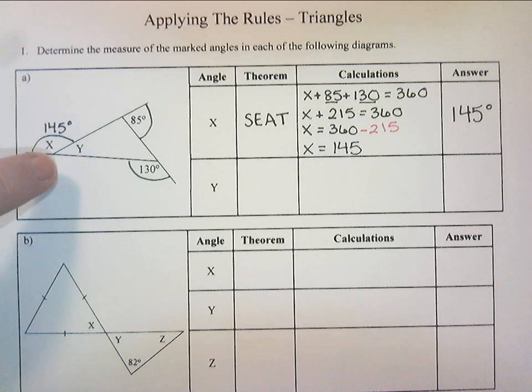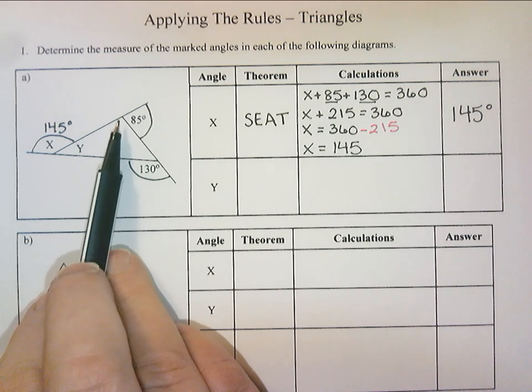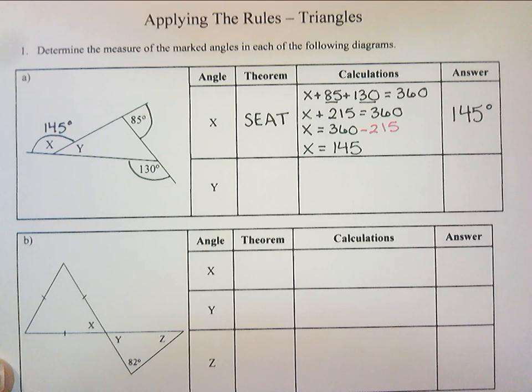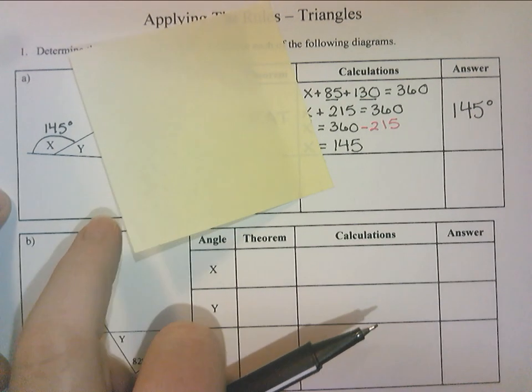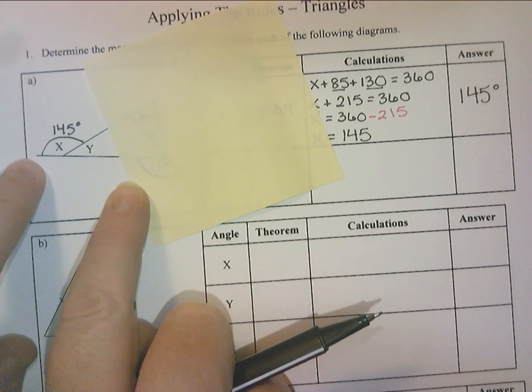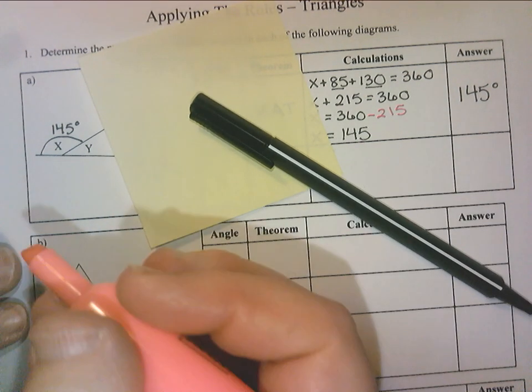Now, in order to find angle Y, it is on the inside of the triangle, but I don't currently know the other angles inside. So this is where I would try to use one of the other theorems that we learned on our previous day lesson. Okay. So if I cover up part of the picture, I notice that together X and Y make a straight line.